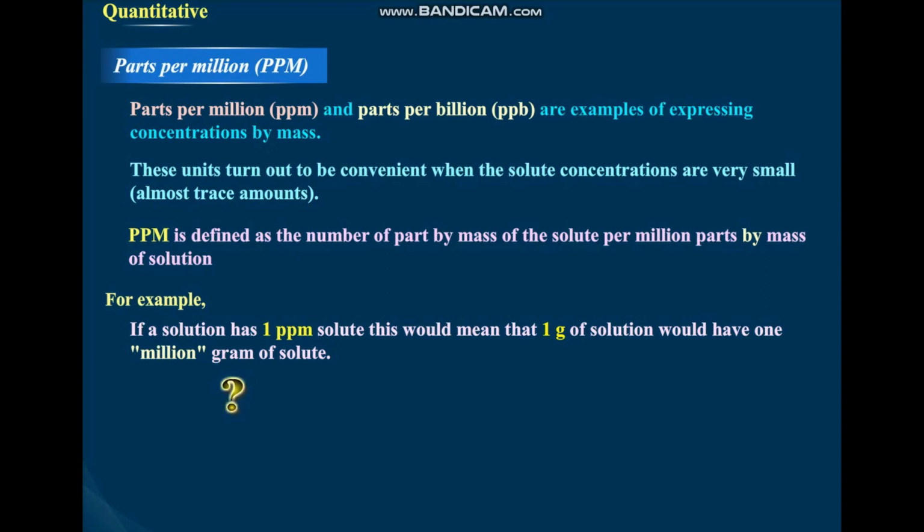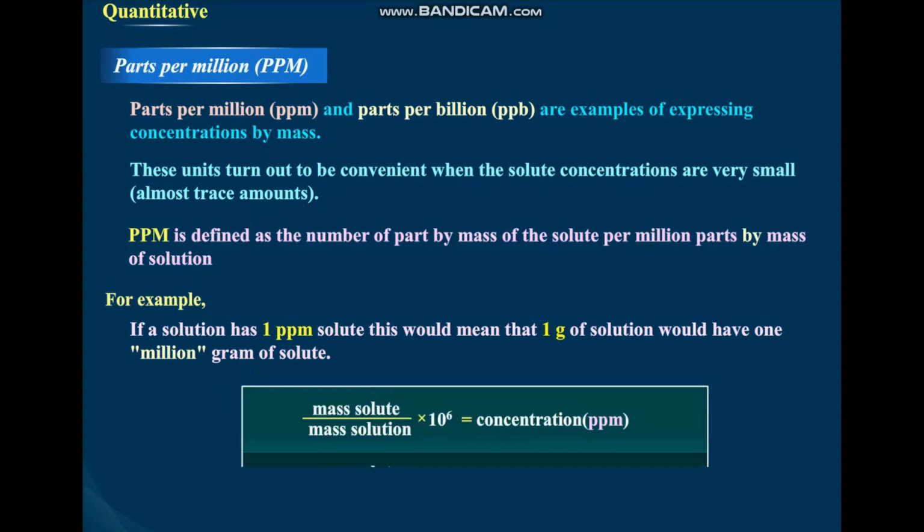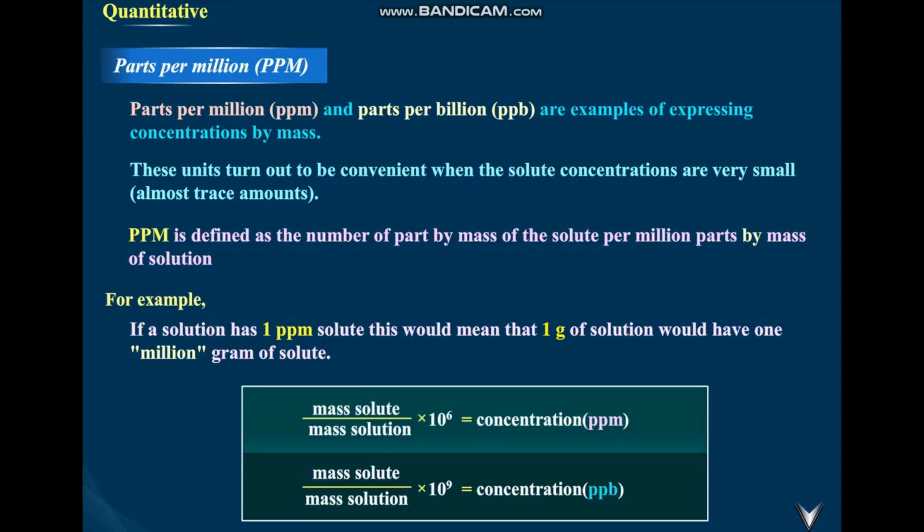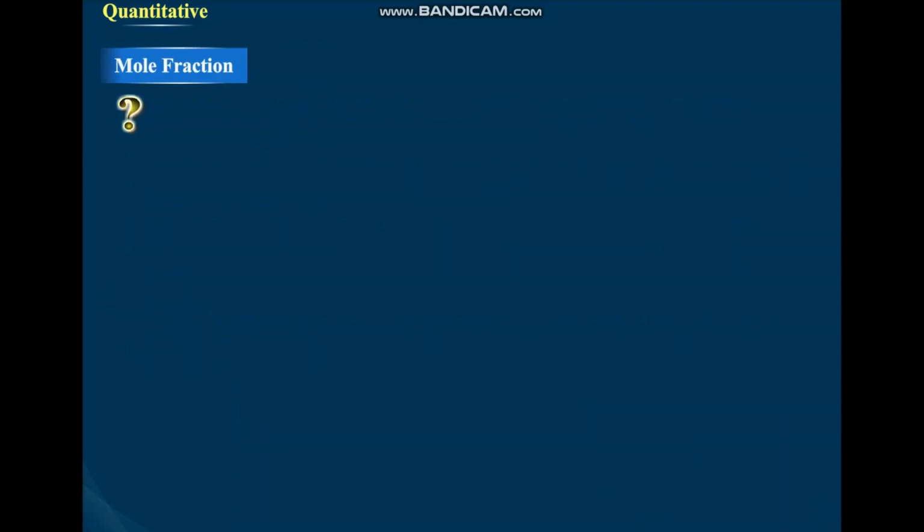From the formula, it is mass of the solute divided by mass of the solution into 10 raised to 6, not 100, this is not percentage, it is million. Mass of the solute divided by mass of the solution into 10 raised to 9 would be parts per billion. So there are two: parts per million and parts per billion.